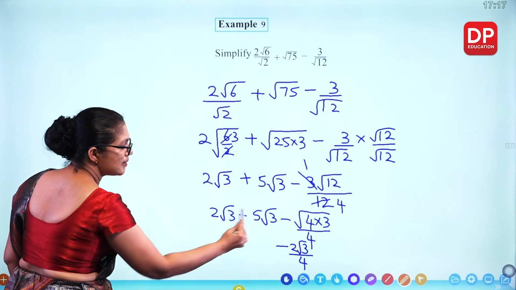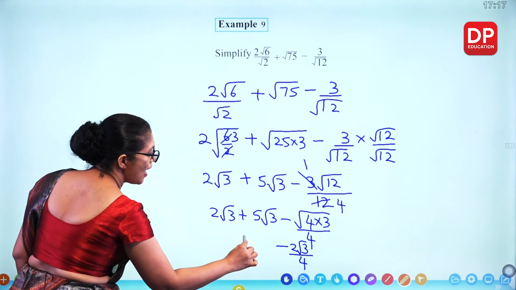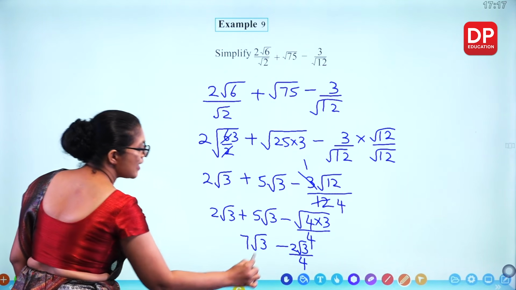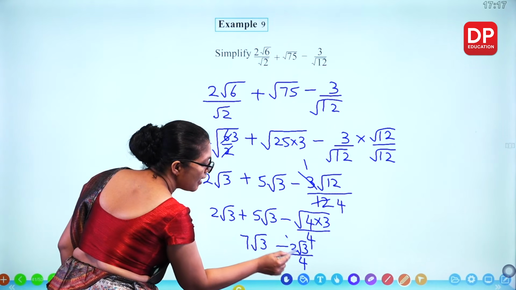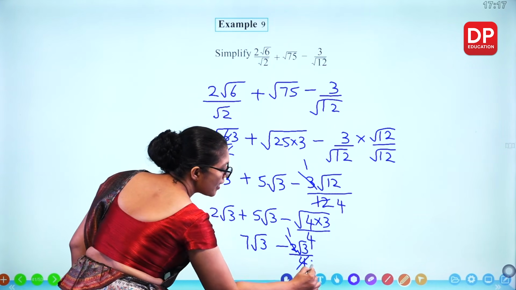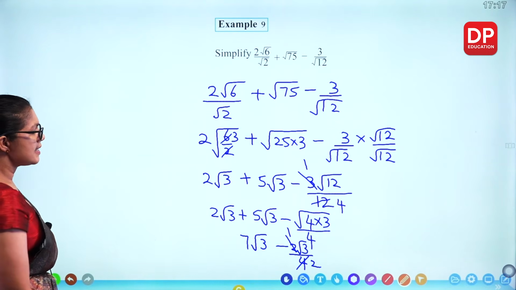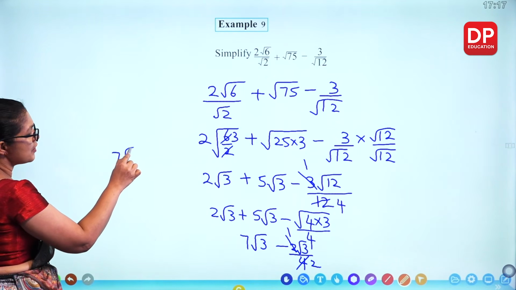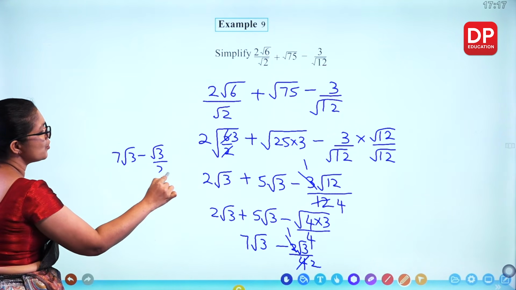Here same surd values I can add. 5 plus 2, I get 7. So I get 7 root 3 minus this value. Here I can see 2 you can cancel out with 2. So what's the surd value you are getting? I'm getting 7 root 3 minus root 3 over 2.